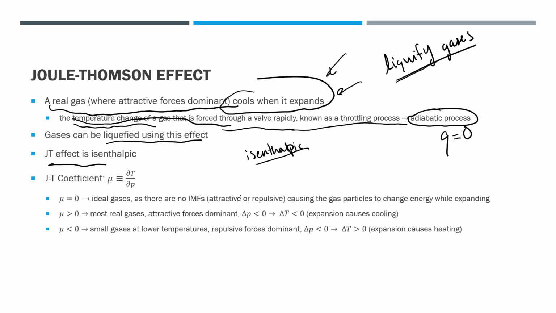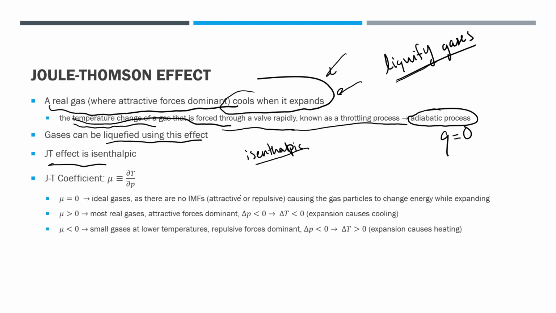And so we also define something called the Joule-Thomson coefficient. So we've given this vague notion, right? Okay, a real gas is going to cool when it expands. Cool. But how much does it cool when it expands? How can we quantify this notion? How do we know which gases are going to cool faster than others and cool less fast than others?